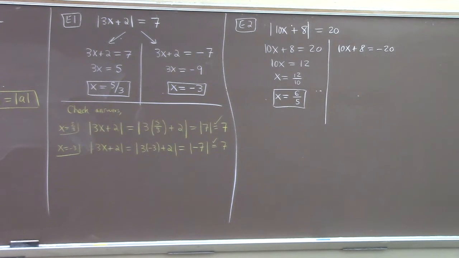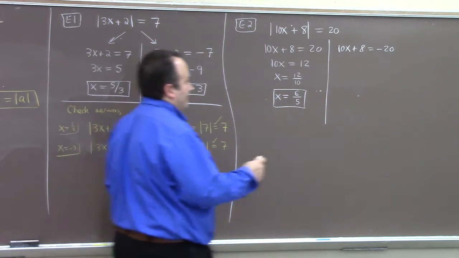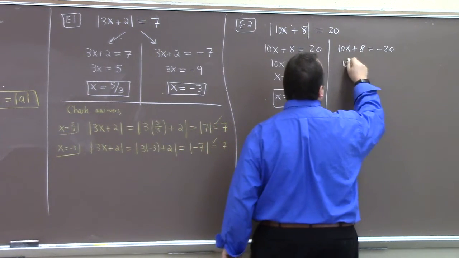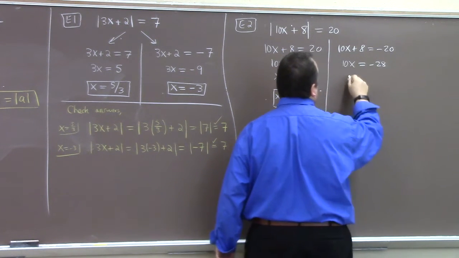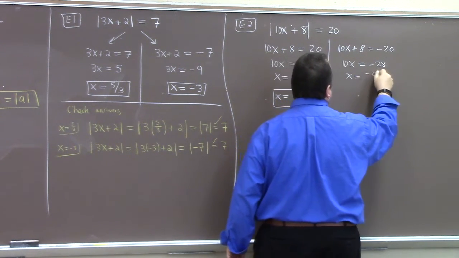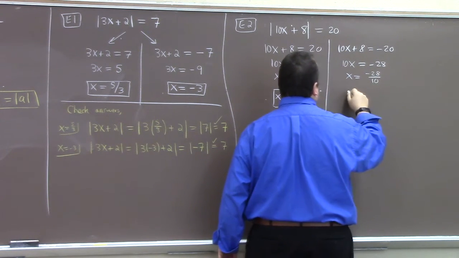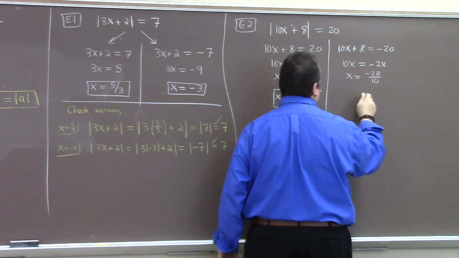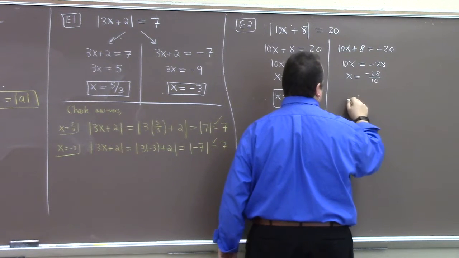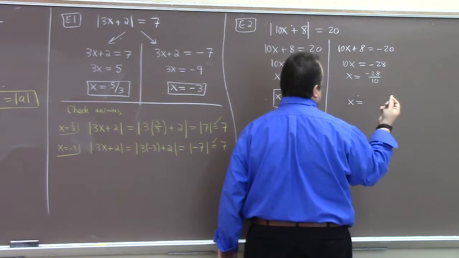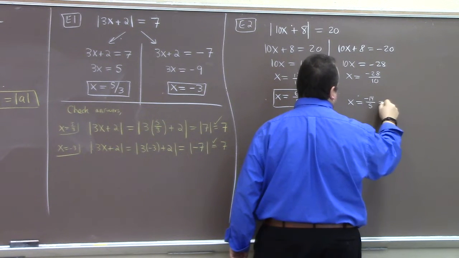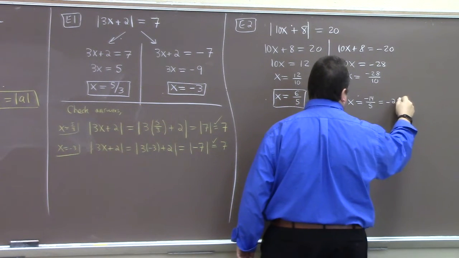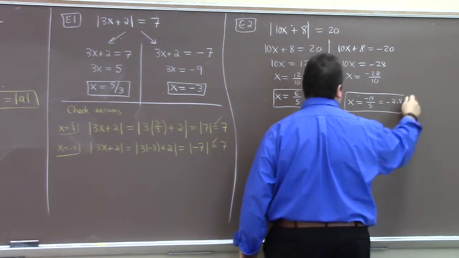And what does that give me? 10x equals, let's see, minus 20 minus 8 is minus 28, right? So x is equal to minus 28 over 10. And if you want to simplify the fractions, I guess we could. It's minus 14 over 5? Or if you like a decimal, minus 2.8. It's all good.